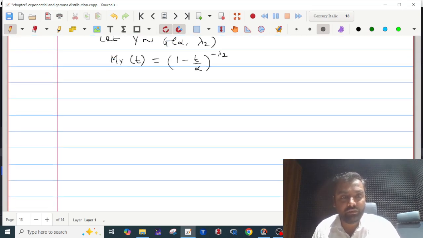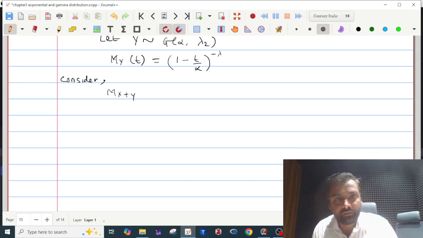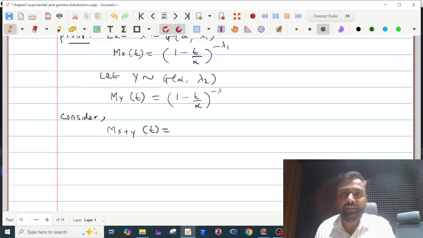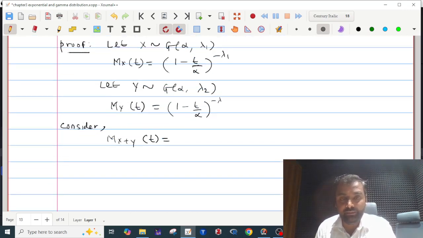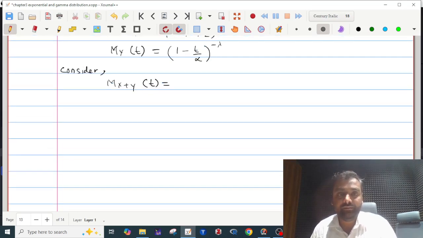You have to find the distribution of X plus Y. So consider the MGF of X plus Y. It is given that X and Y are independent, so by the property of MGF, the MGF of X plus Y is nothing but MX(t) times MY(t).